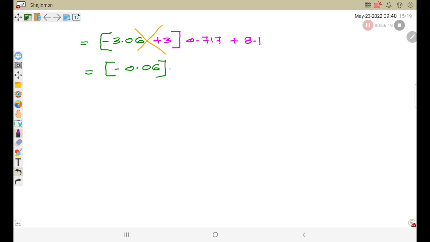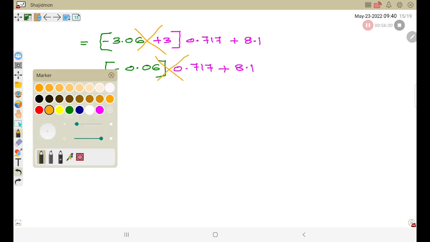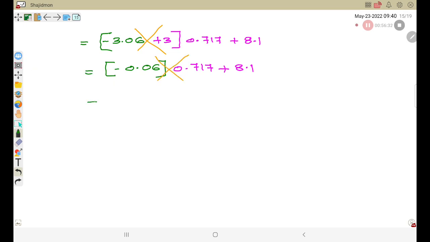Now again the next two numbers: minus 0.06 multiply 0.717 with 3 digits chopping equals minus 0.0430.